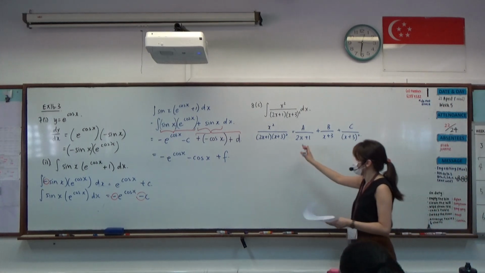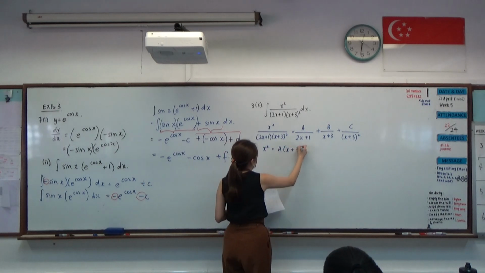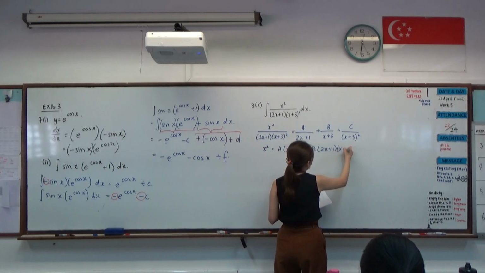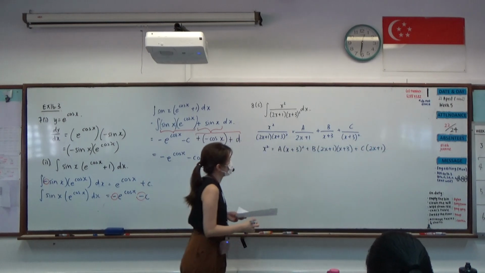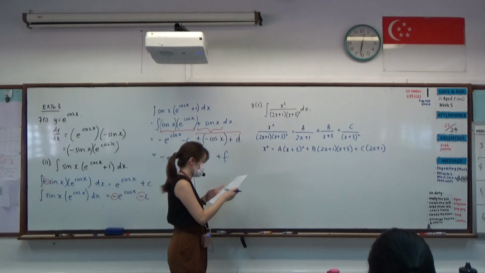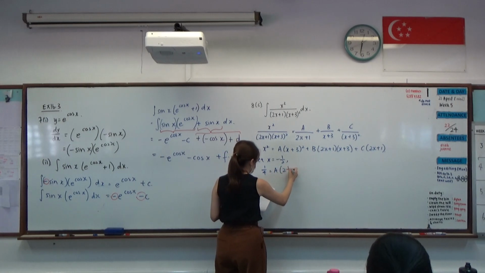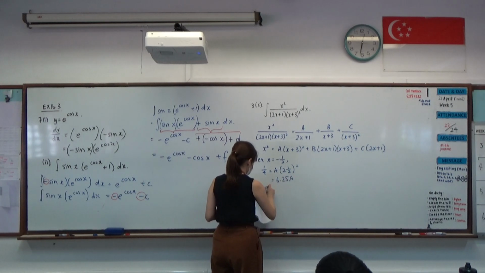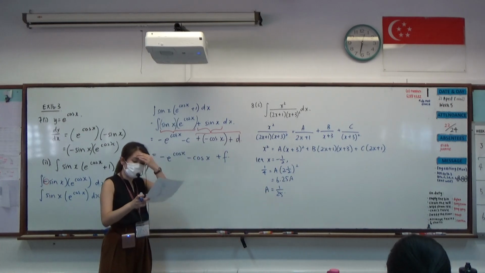Then multiply throughout by this larger denominator. Get this? Then you will be left to a matter of solving for A, B, and C. Or just do 1, alright?